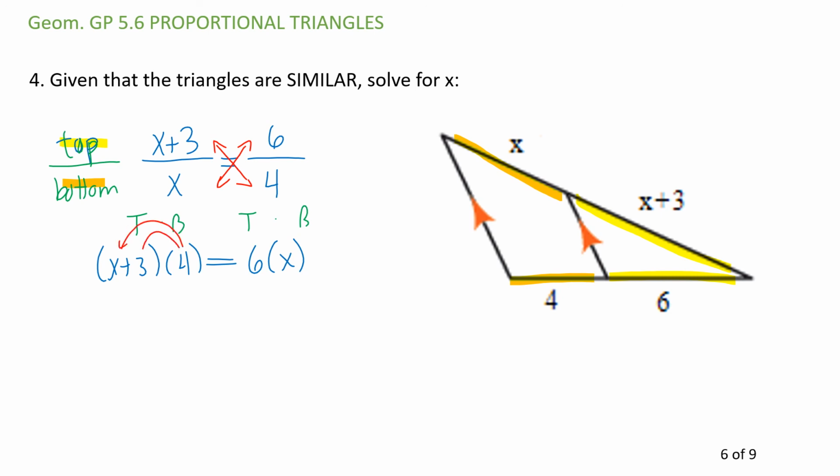So this just turns into a mid-level algebra problem. 4x plus 12, don't forget the second term, equals 6x. Got to get my x's together. Looks like x equals 6.